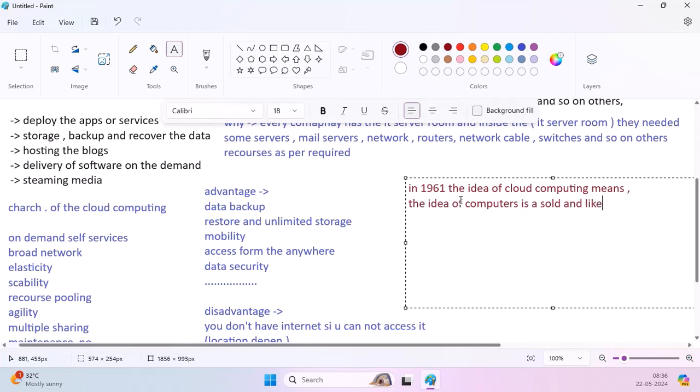The computer is sold like a utility, compared to water and electricity.